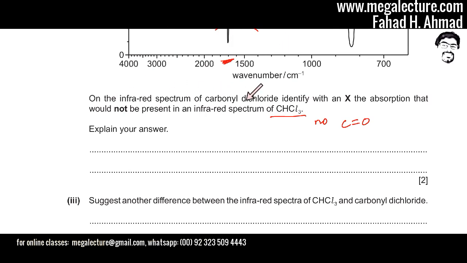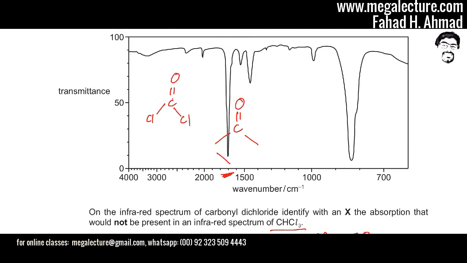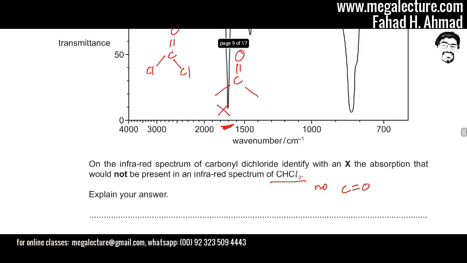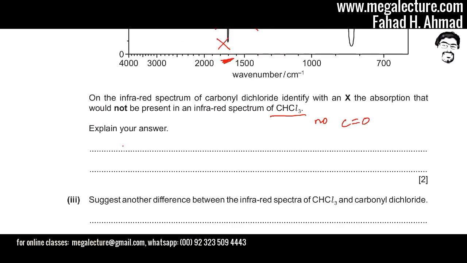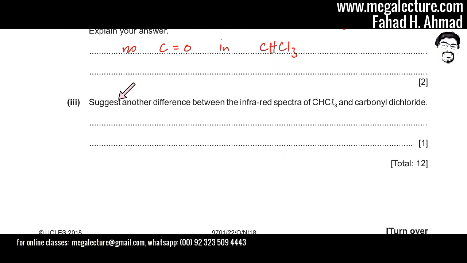So I would mark it with an X over here. This peak is not going to be present, and the reason is that there is no C double bond O in CHCl3.